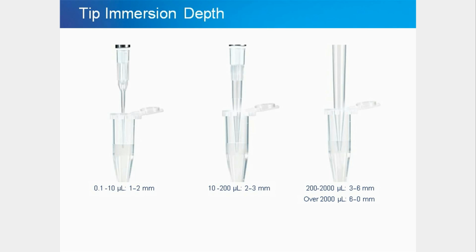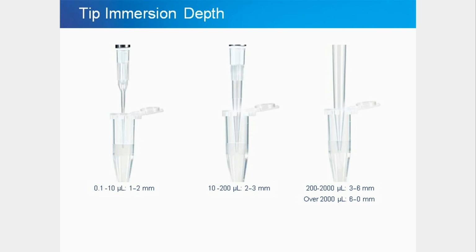If the tip is not immersed deeply enough, air could be aspirated into the tip, and your pipette will not accurately aspirate the selected volume. It is also possible that insufficient tip immersion depth could result in sample splash-up effects. We will discuss the problems associated with sample splash-up later.